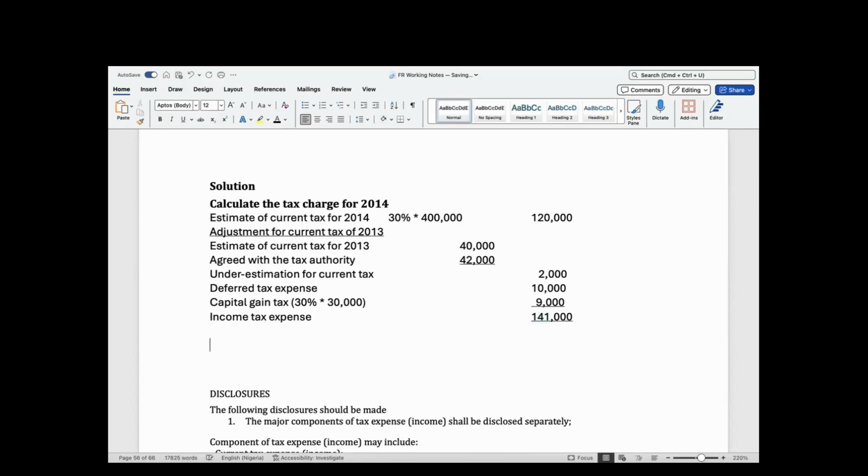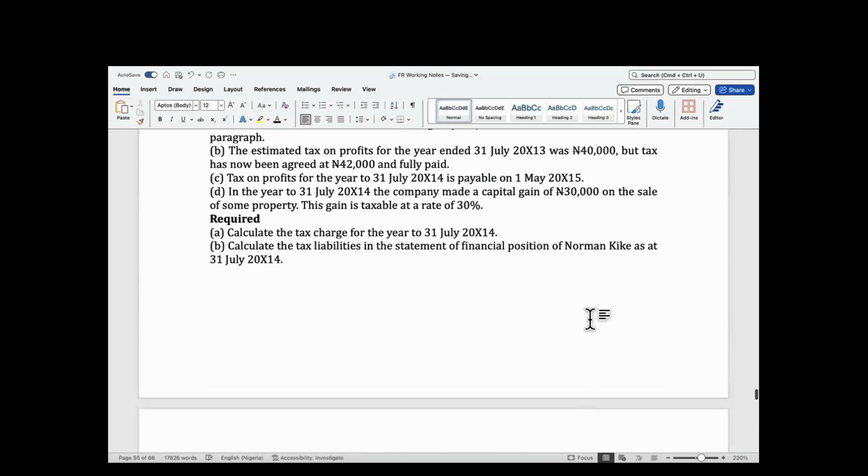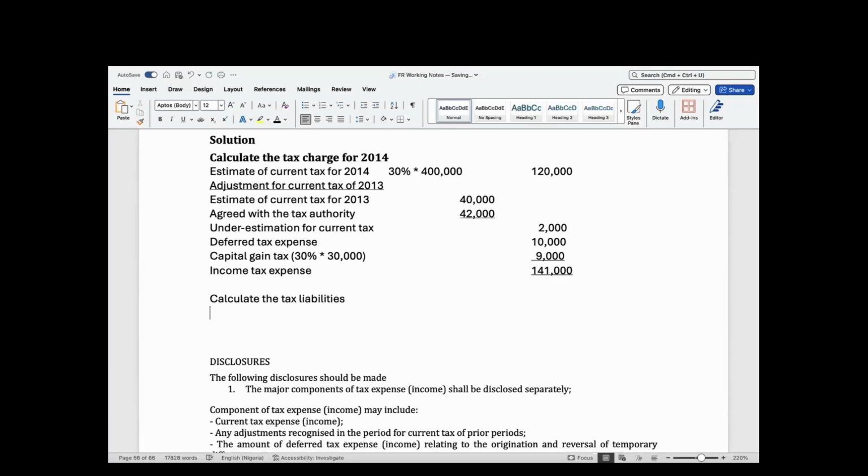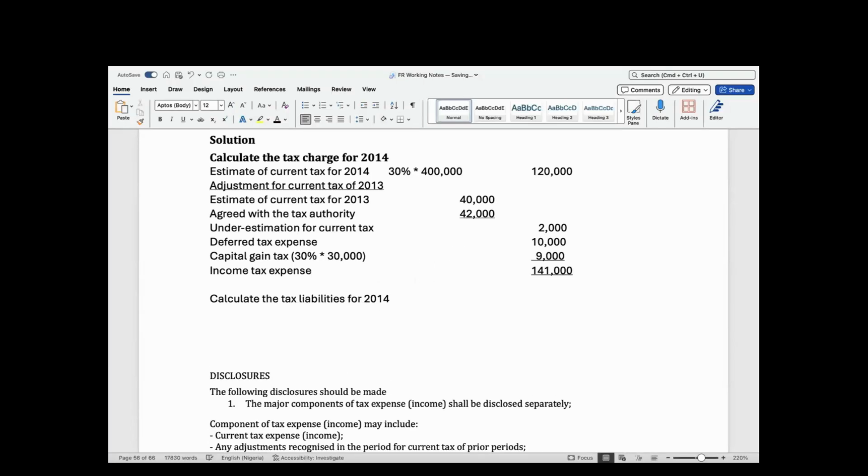Then we'll also calculate the tax liabilities for 2014. We'll have our current tax liability, which is this 120,000.